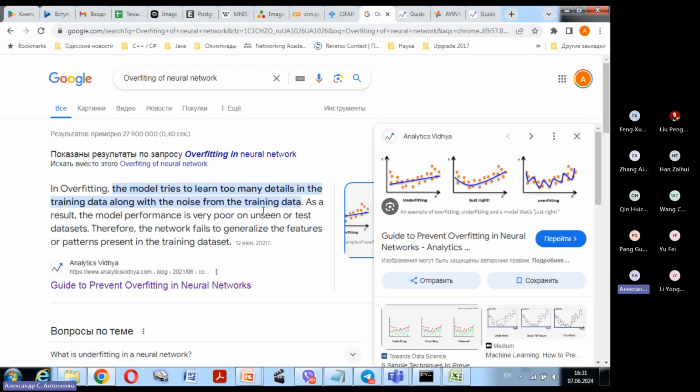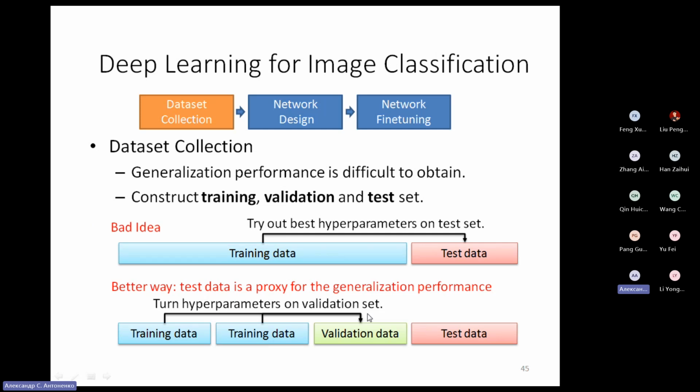So this is overfitting, when the model tries to learn too many details in the training data. It learns the noise in the training data. To fight overfitting, we need some validation data.